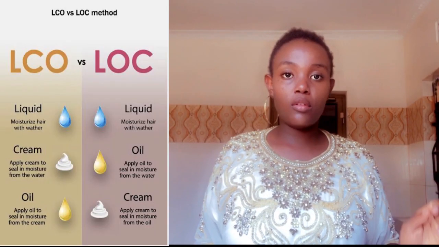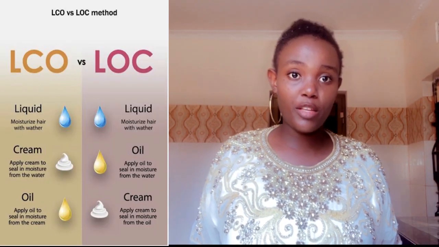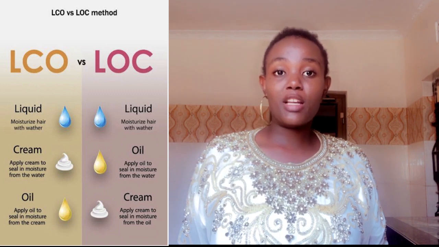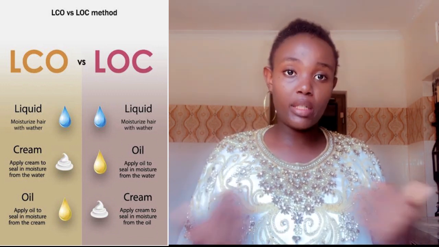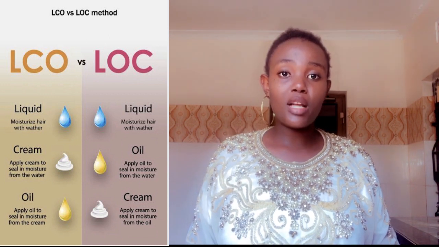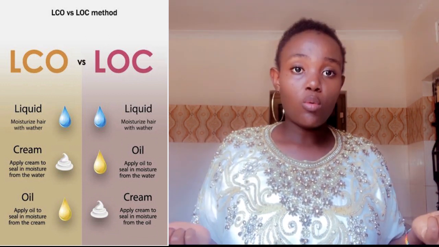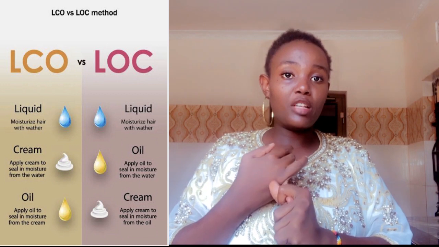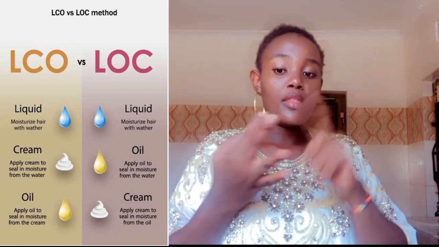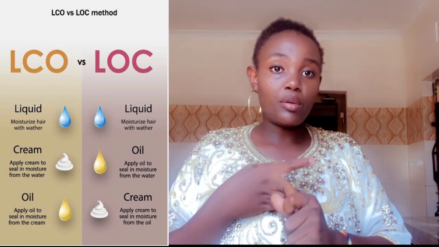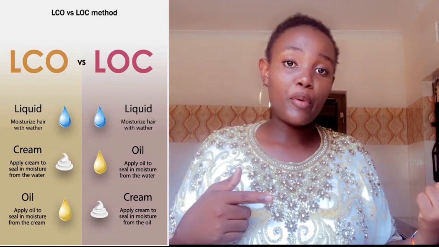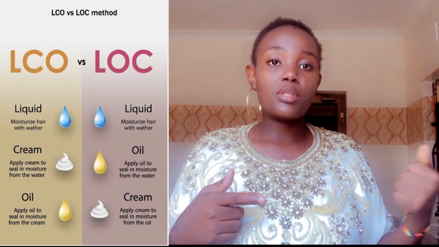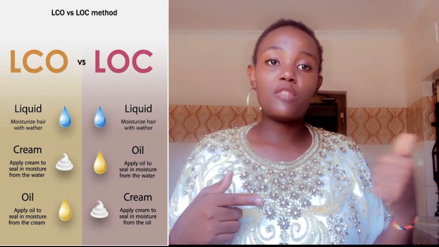Another do for low porosity is the use of the LCO versus the LOC method. If you don't know what these methods are, it's how you layer your products after your wash. You go in with the leave-in conditioner for LCO, then the cream, then later the oil. This is the best combo for low porosity, but for high porosity people, the LOC method tends to work best for their hair.